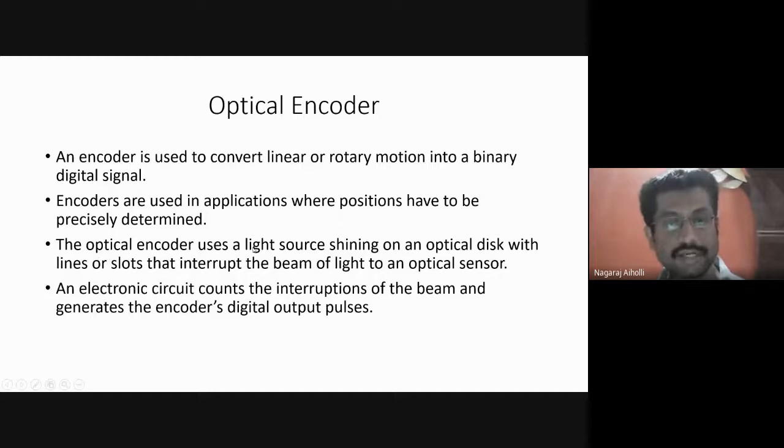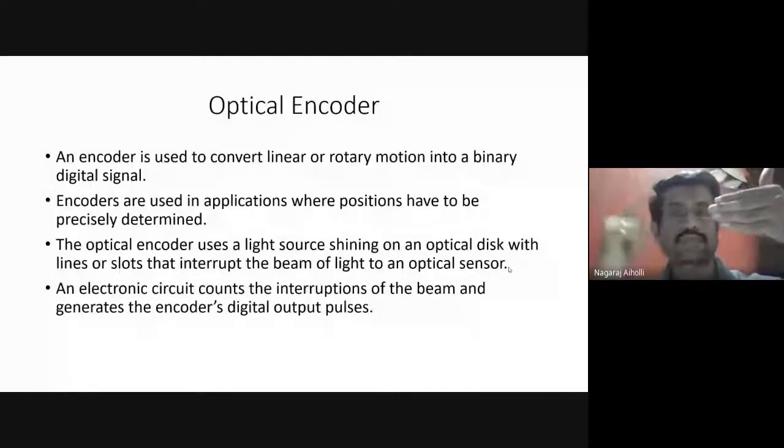This uses a light source and it falls on the optical disc with lines or slots which interrupt the beam of light to an optical sensor. There is the light source on one end. In between there is a disc which consists of a number of slots or holes on its periphery.